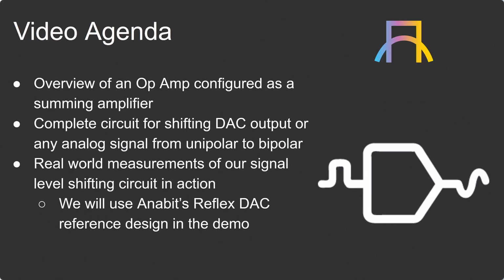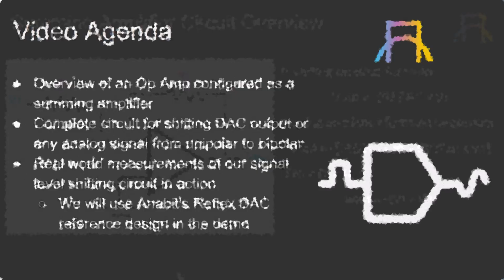Then we'll look at the complete circuit with a DAC and the math behind it. Then we'll look at a real-world example where, at Anabit, we have a family of products called the Reflex DAC that uses this method to take our unipolar DAC IC on the board and convert it to a bipolar signal at the output. Let's move on to the overview of a summing amplifier.